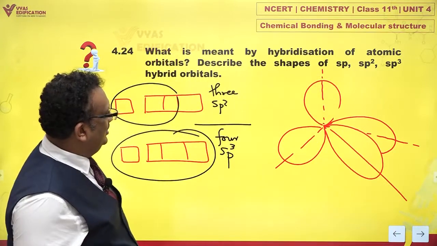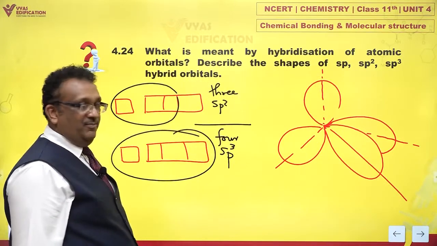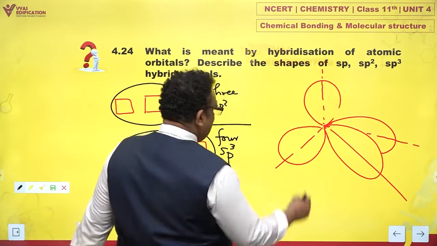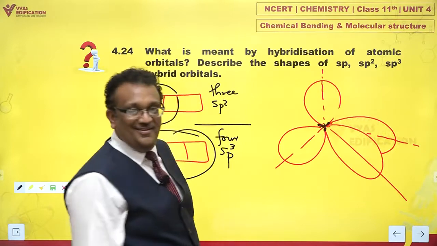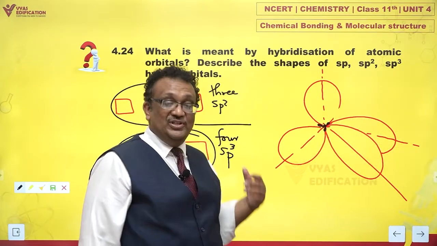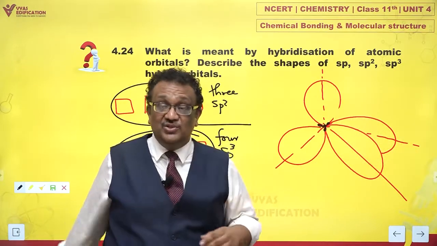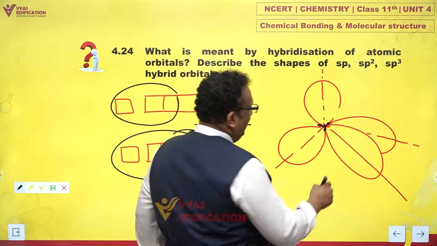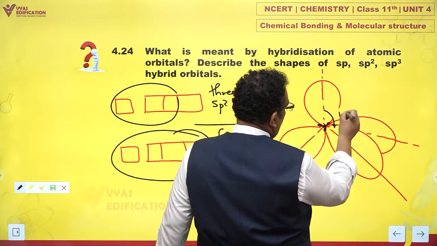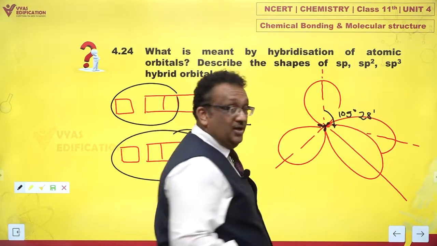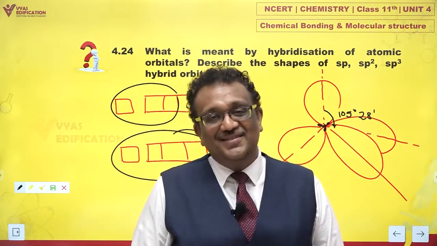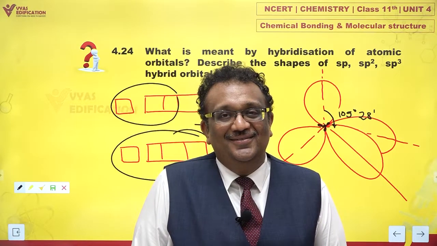These are sp3 hybrid orbitals. Don't they have tails? Yes, they have those small tails like this. The geometry which is associated with sp3 hybridization is tetrahedral, and the bond angle which you get is 109 degrees, 28 minutes. Oh my God, we have to memorize that? Yes, we do need to do that. That's it.